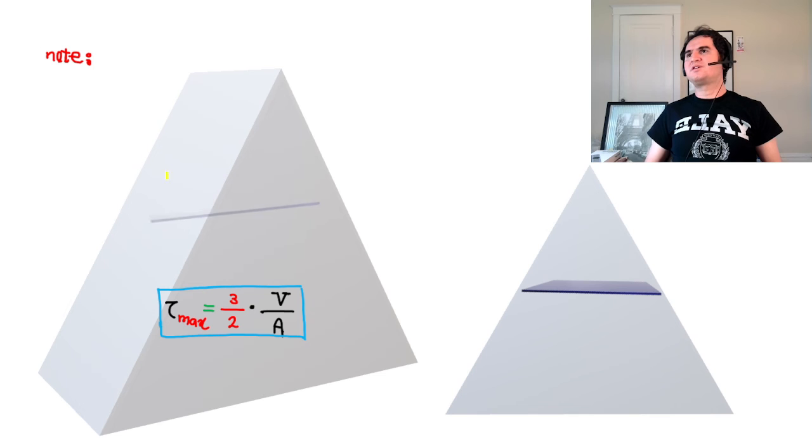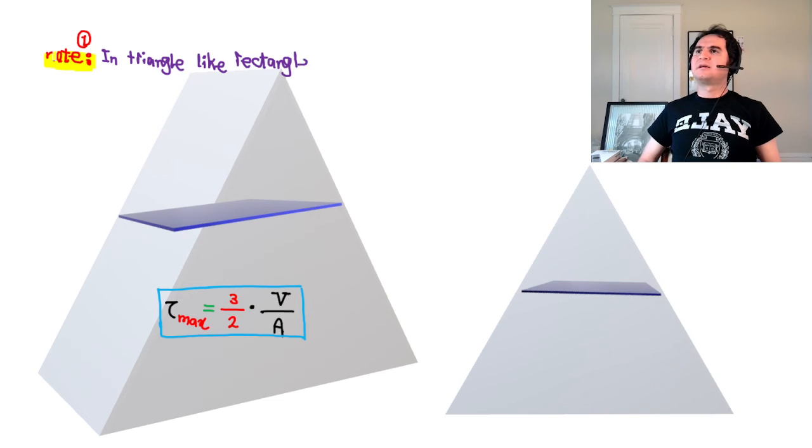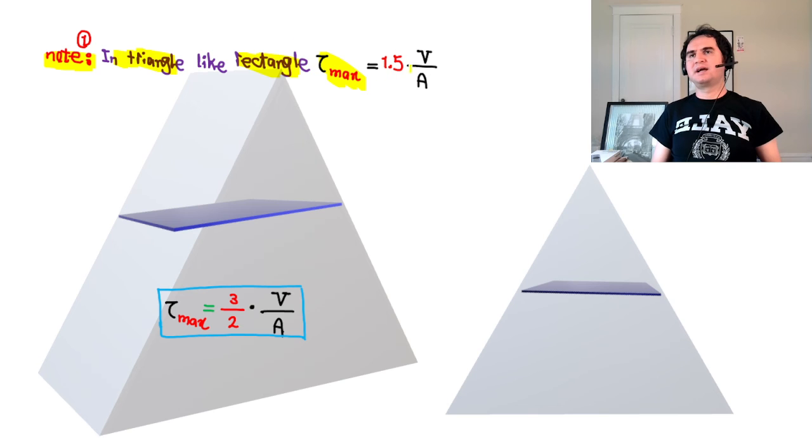Why? Because it says that in a triangle, like a rectangle, tau max is 1.5 times volume over area.